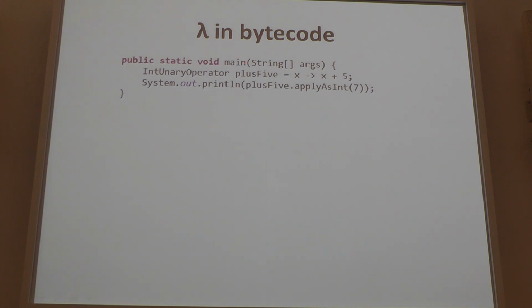So here we have a very trivial class with just one method that defines a simple lambda expression that adds 5 to its argument. Before, I showed an example where you use the lambda expression at the place where you call a method. You can also assign it to a variable, but this has to be a functional interface.